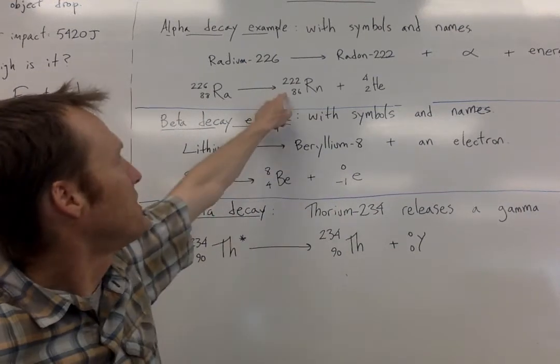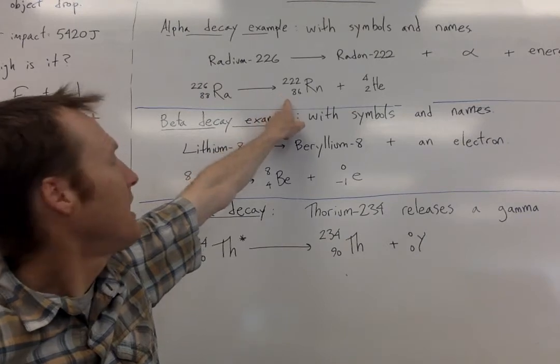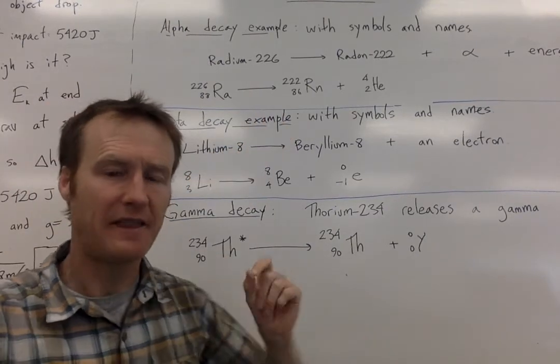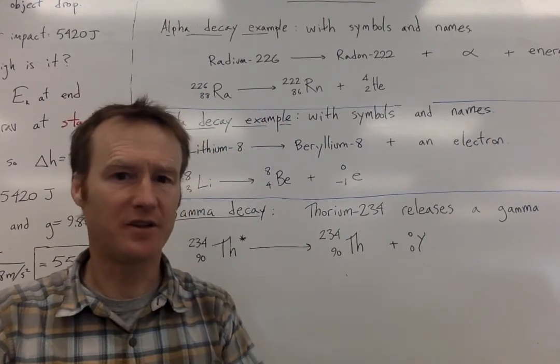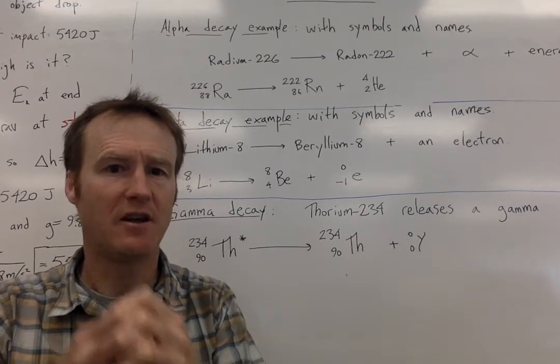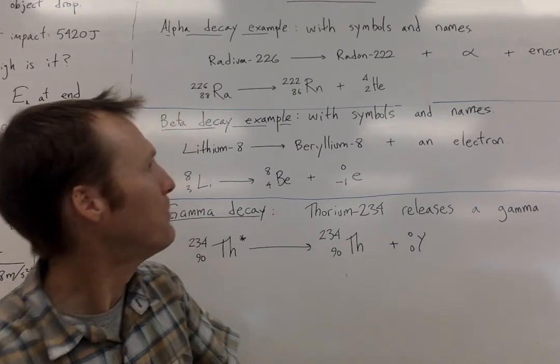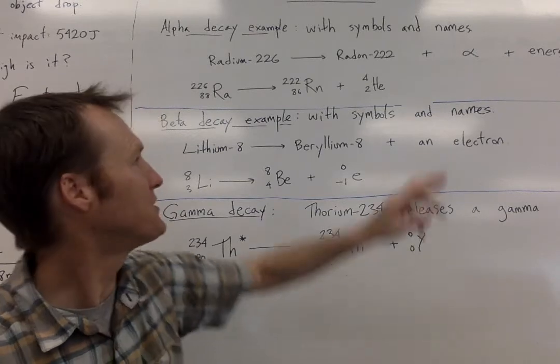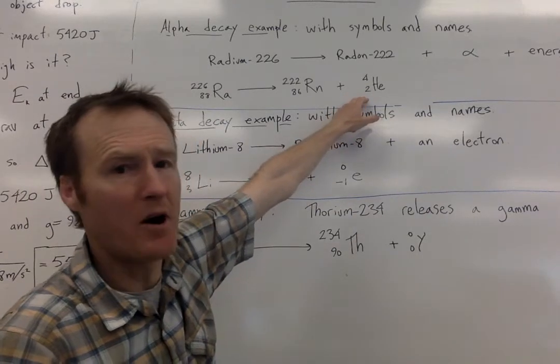It's got 136 neutrons and 86 protons in that one radon nucleus because the protons and the neutrons are packed together. But in addition to that, there's this thing right here, an alpha particle.